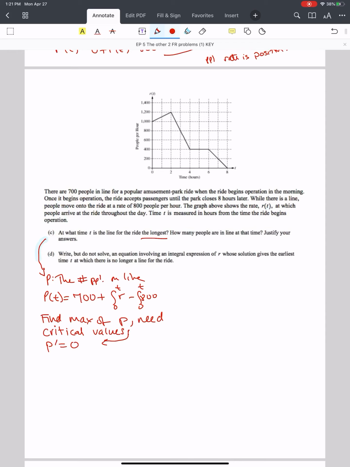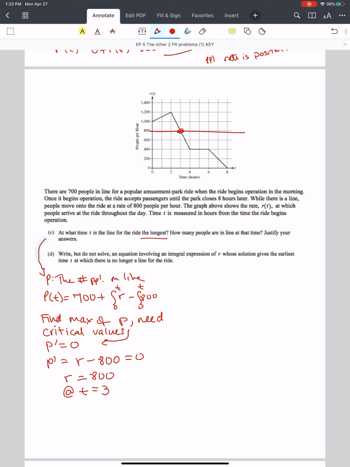That's the critical values. So P prime is R minus 800, and I want to make that equal to 0. So I want to find when R equals 800. And R equals 800, I'm going to go to that line at T equals 3.